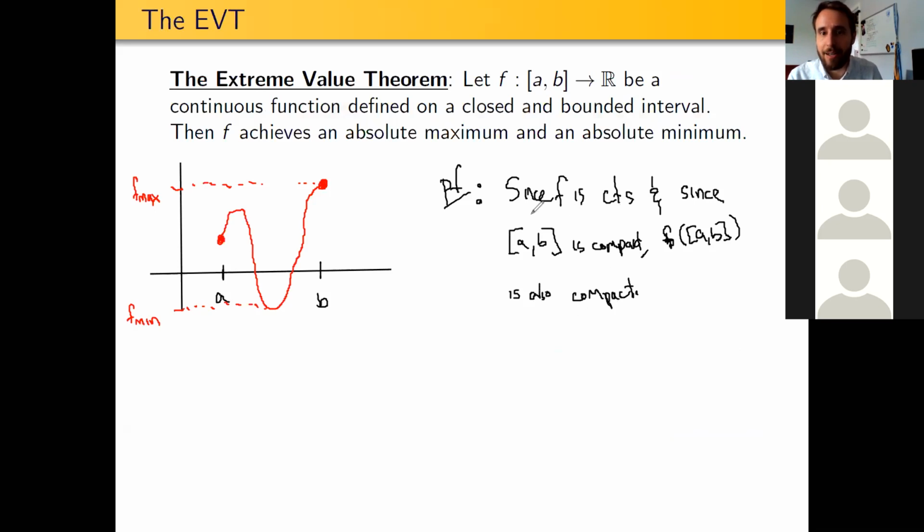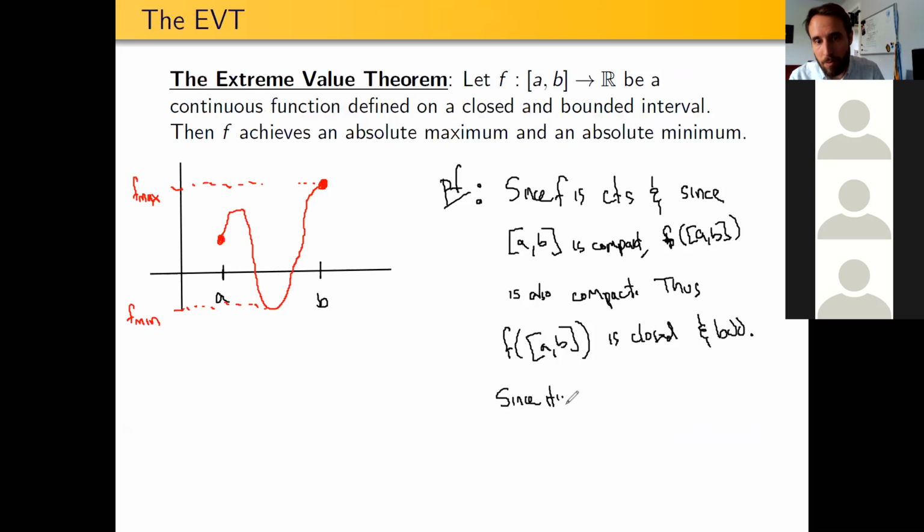So let's see if we can spell that out. Since the image of a to b is also compact, f of a to b is closed and bounded. Since it's bounded, the greatest lower bound and the least upper bound exist.